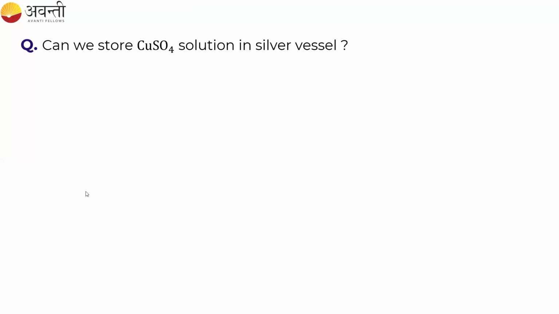Can we store copper sulfate solution in silver vessel? What is your answer? Is it yes or no?